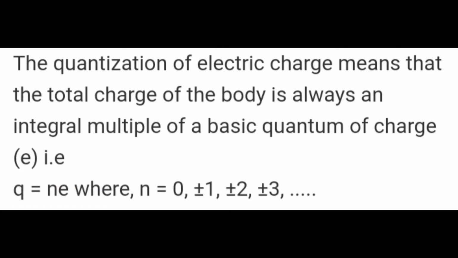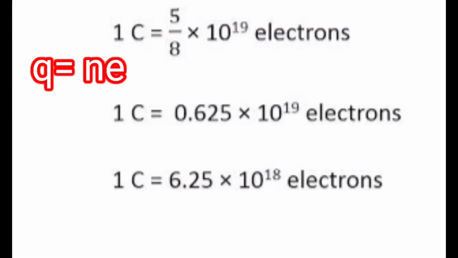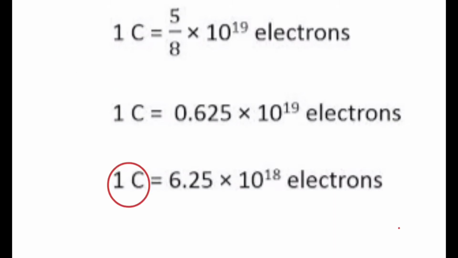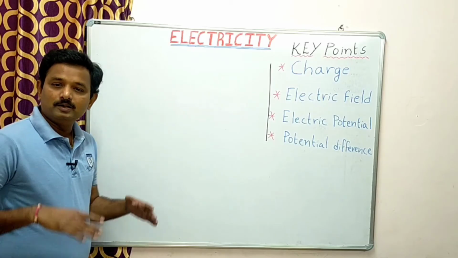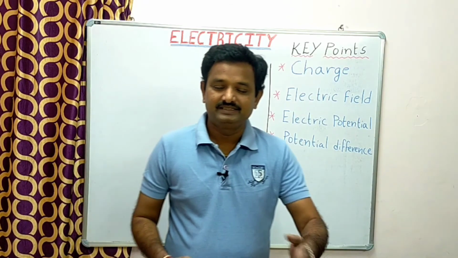During rubbing, charge is transferred in terms of integers from one body to another. From Q is equal to Ne, we can calculate the number of electrons in 1 coulomb of charge, that is 6.25 into 10 power 18 electrons.